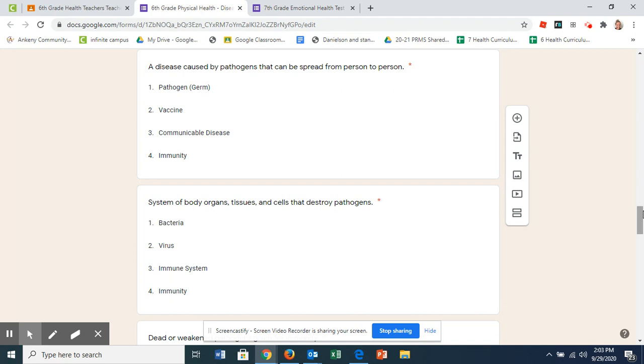Next definition: system of body organs, tissues, and cells that destroy pathogens. 1, bacteria. 2, virus. 3, immune system. 4, immunity.